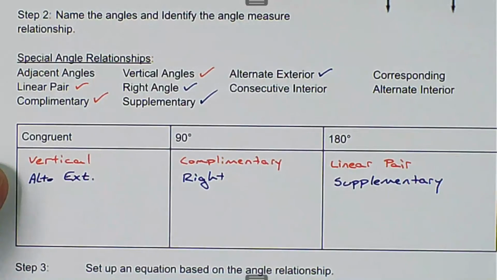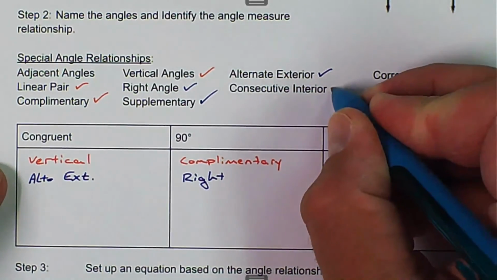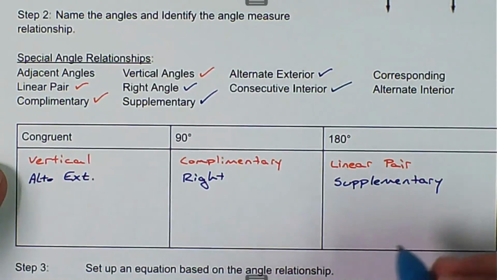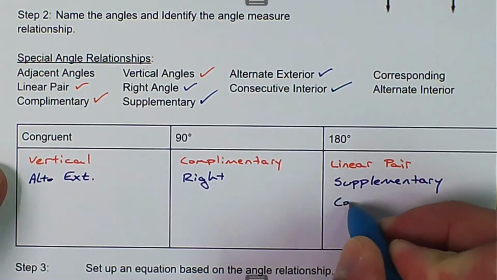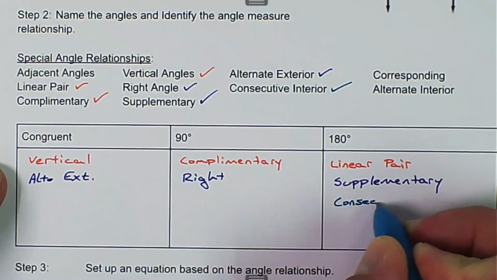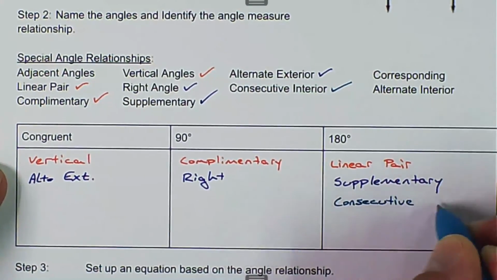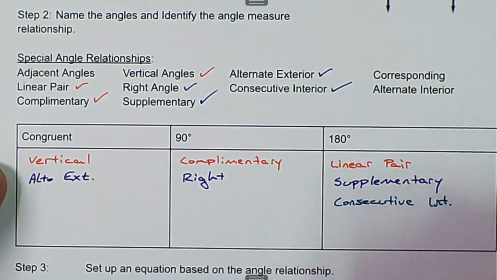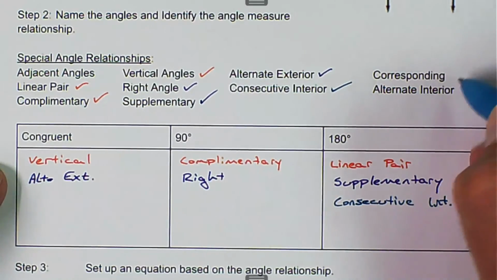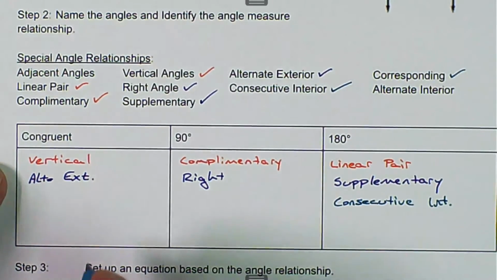Consecutive interior, those are 180 degrees. Corresponding angles are congruent.